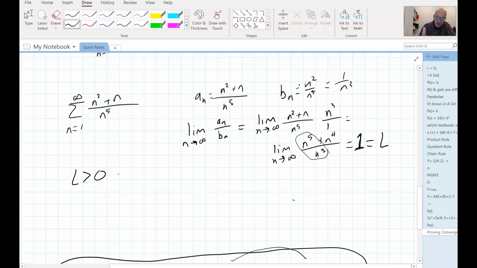Therefore, also I know that the series of b sub n, as n goes from 1 to infinity, is convergent. How do I know it's convergent? Because it's a p-series with p equal to 3, which is greater than 1.